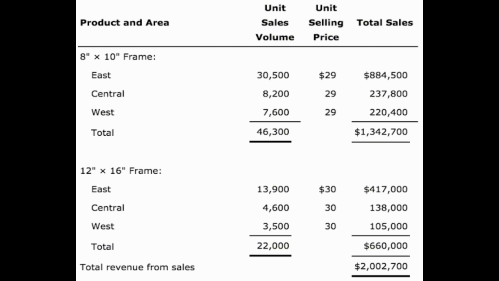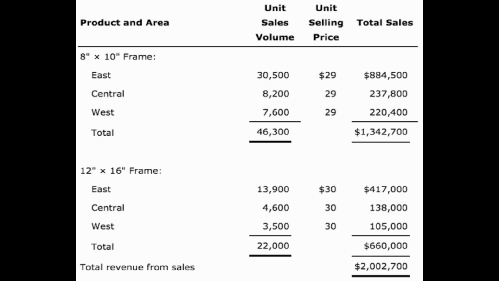So I get this total for unit sales volume because I sum it all, the East, Central, and West, with 22,000, and also for total sales for this 12 times 16 frame, I sum it all, 417,000, 138,000, and 105,000, with a total of $660,000.